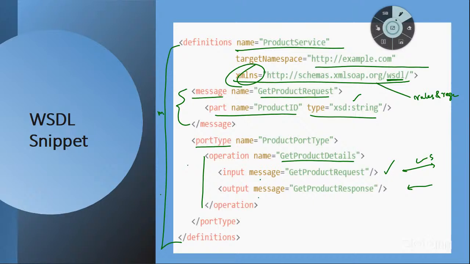No. Like that, WSDL is a form which can be understood by a web service in any language. If you write in Java, it will come like this only. If you write in .NET or C Sharp, you will get it like this only. If you write in Python, you will get it like this only. Any language you use, it will come like this only. Understood? So this is about WSDL.